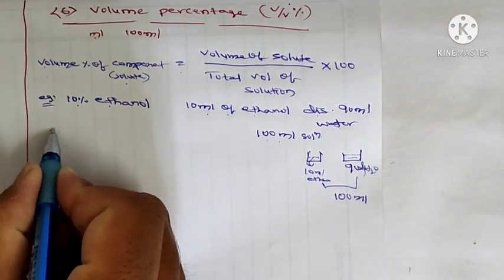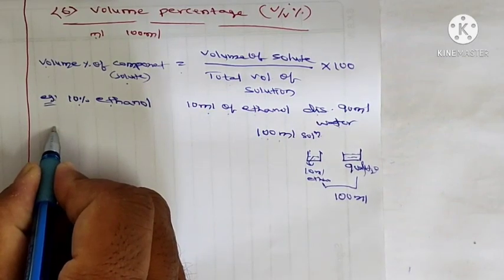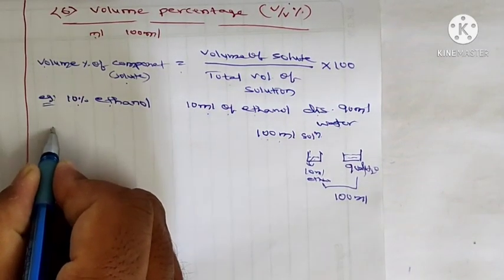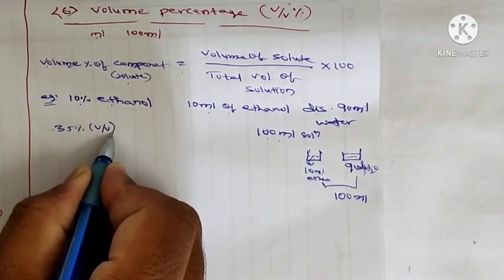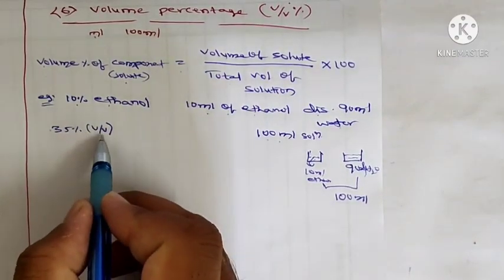So a 35% V by V solution of ethylene glycol. V by V means volume by volume.